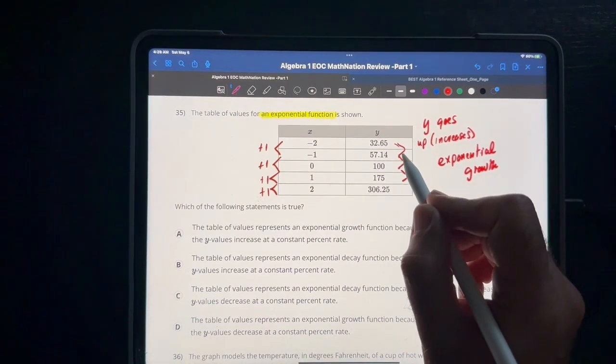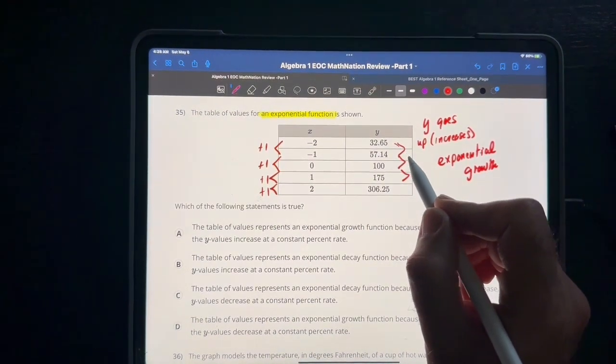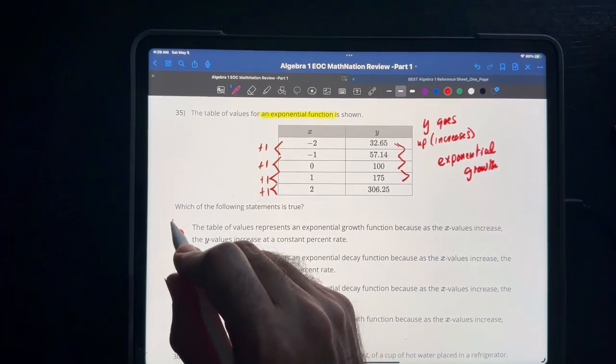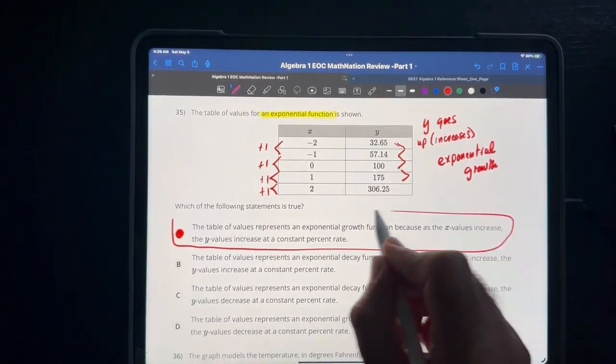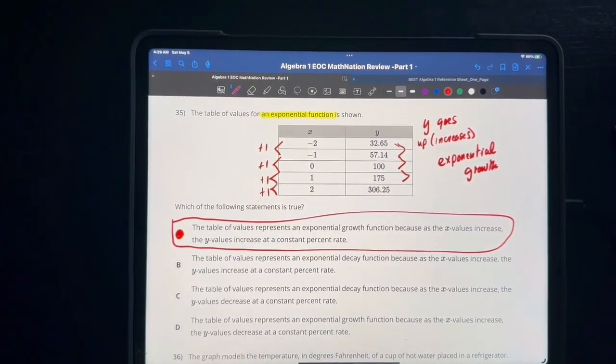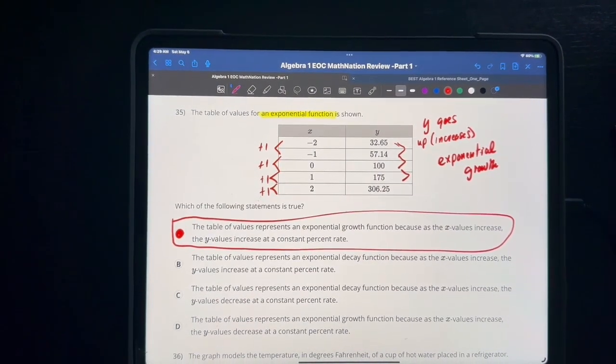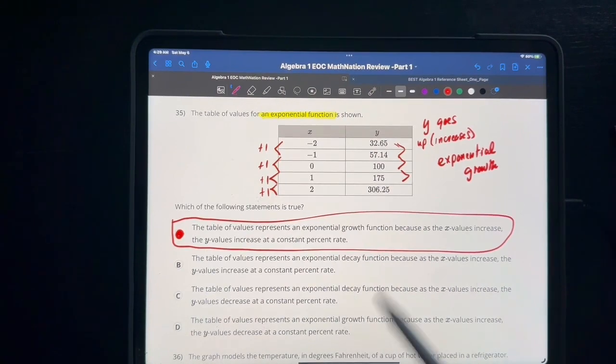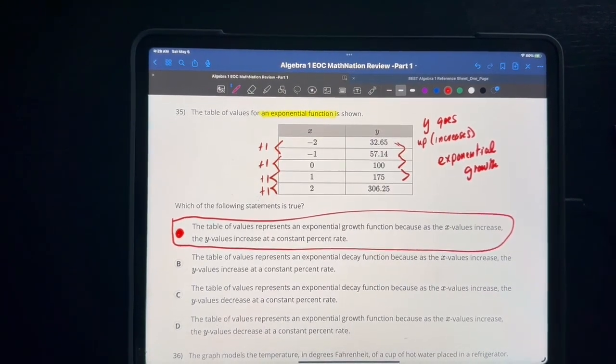That is true. So, boom, we don't have to go any further, guys. This is our answer. If it's multiple choice and you read the first option and you know it's correct, then there's no need to go any further.